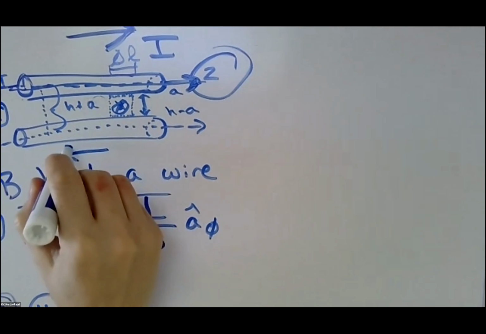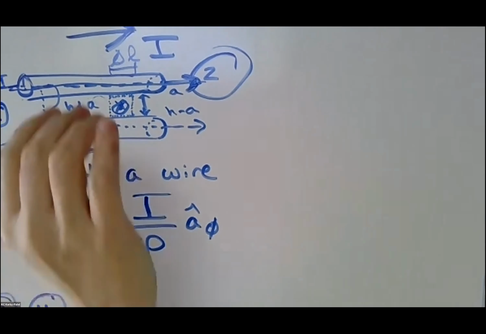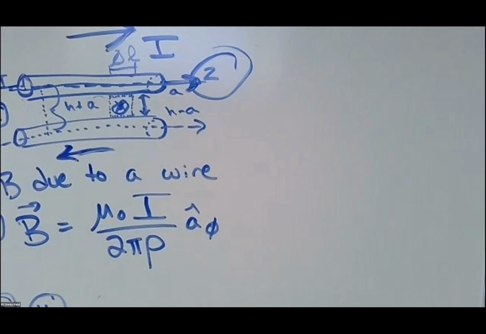The other wire is pointing in the opposite direction, right? If I grab that wire, it has a phi-directed magnetic field that's pointing in the opposite direction.